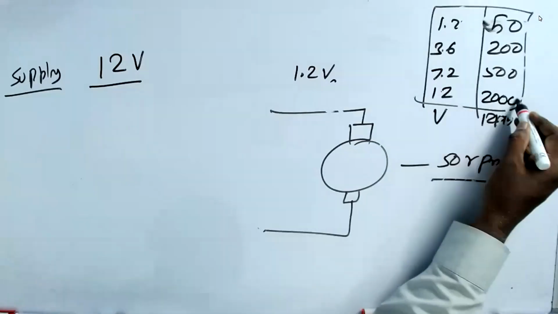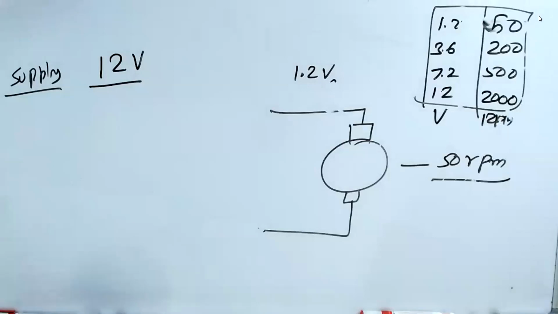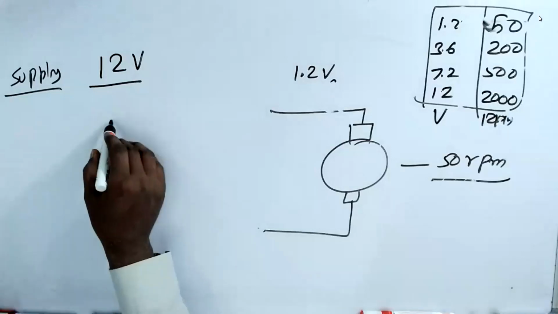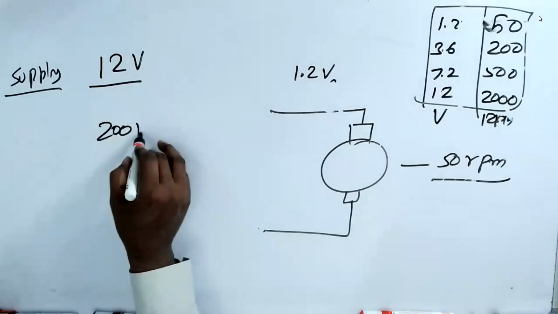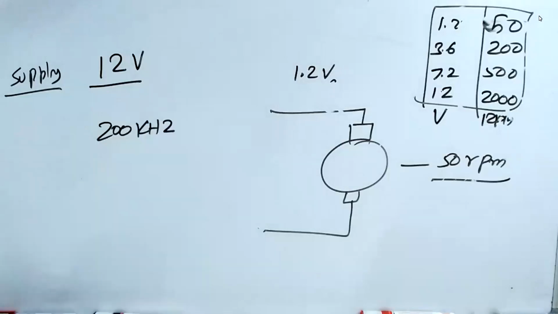Now, I am telling you that I am supplying a frequency of 200 kilohertz. I want the motor to rotate at 500 RPM.